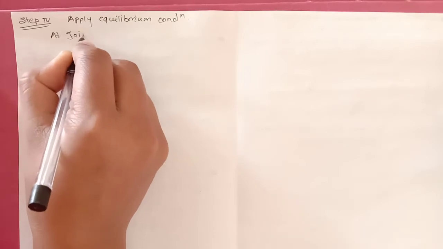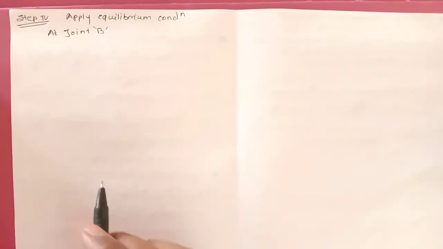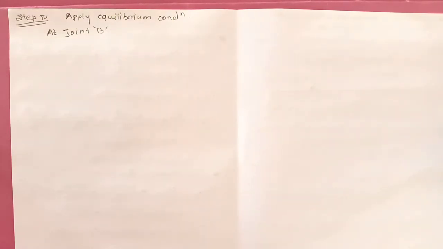At joint B there are two members acting, that is BA member and BC member. So here we take equation number 2 and 3, that is the equations for BA and BC.